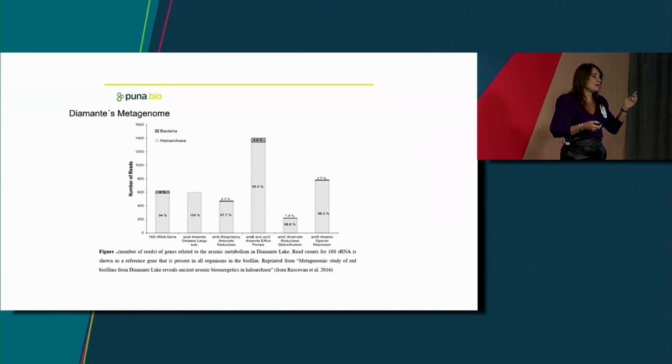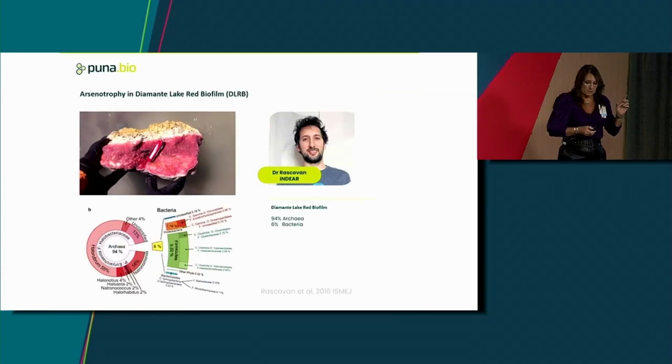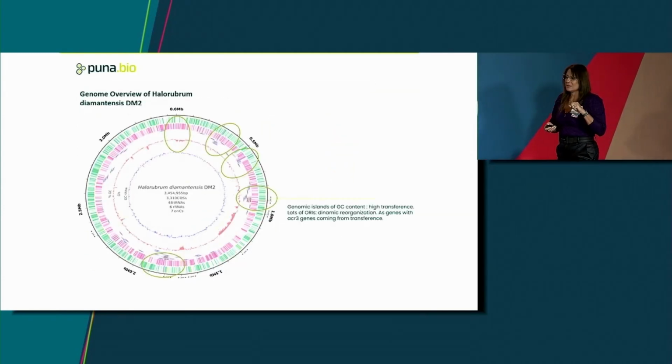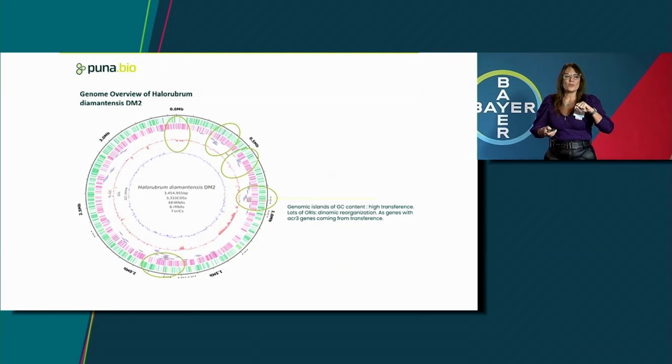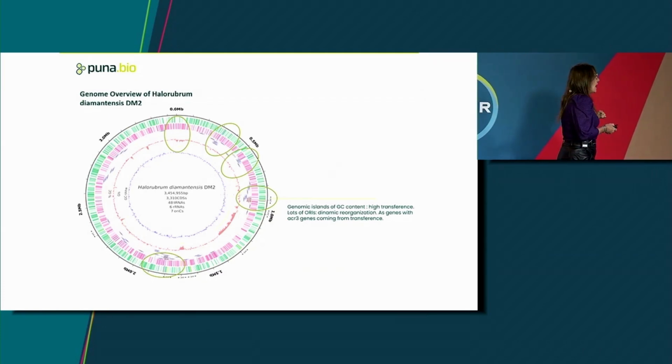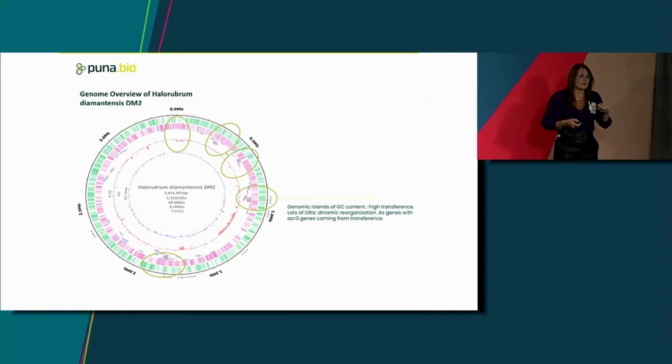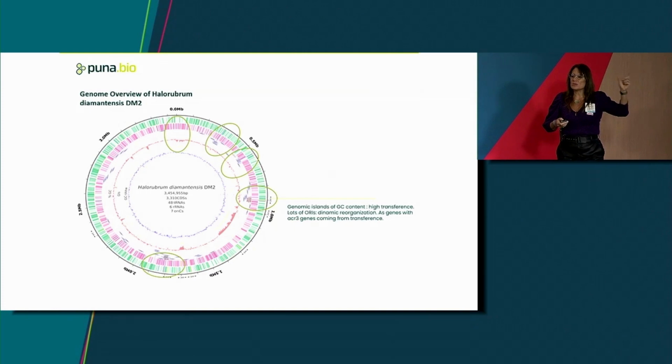That is a gene that is needed for respiration of arsenic without oxygen. Then we took the Halorubrum, sequenced it, and when we analyzed its genome, we found that it is full of origins that belong to bacteria. So this is an archaea that has a lot. You can see here.